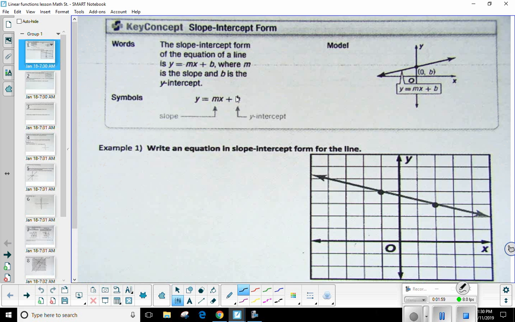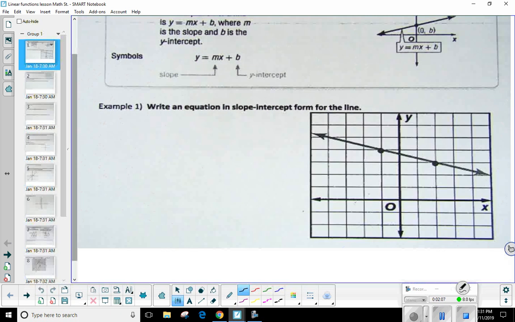Example 1, write an equation in slope-intercept form, y equals mx plus b, for the line shown. Now what I would probably do is start with the points that we have here. So this one is -1, 4. Well, this one is 2, 3.